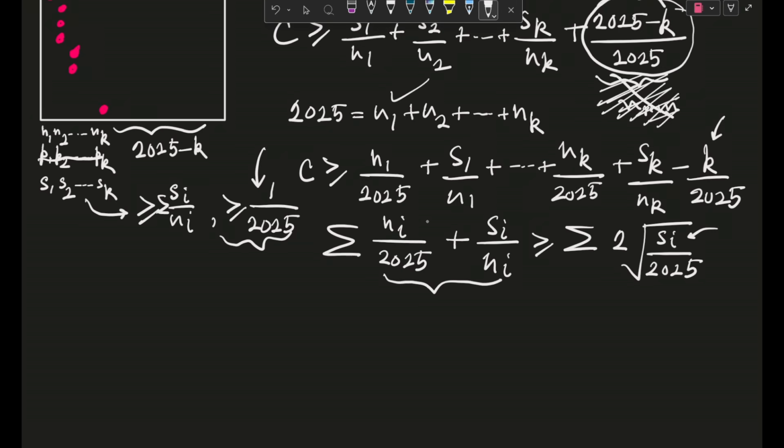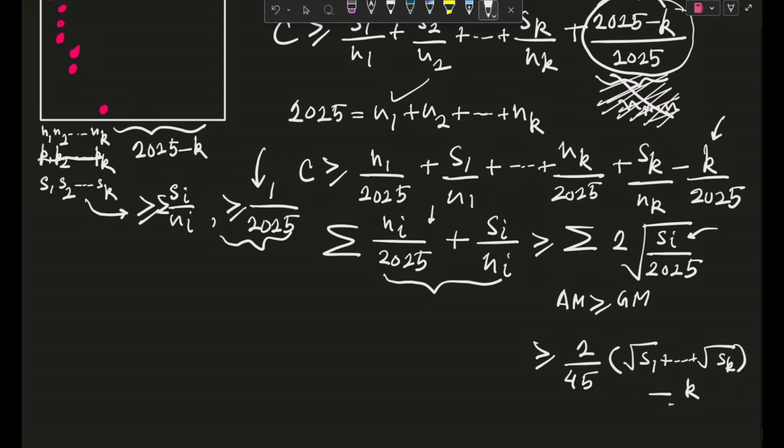After doing AM greater than or equal to GM, we sum up both sides. So this would come out to be greater than or equal to 2 by 45, because root 2025 is 45, times root s1 dot dot dot till root sk, minus k by 2025.